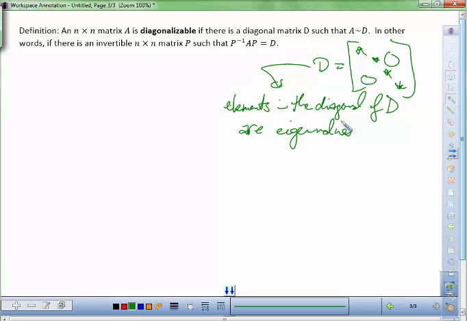If you're given A and you want to find out if it's diagonalizable, or find the diagonal matrix that's similar to it, all you have to do is find the eigenvalues of A. Finding the eigenvalues of A will lead to the diagonals.